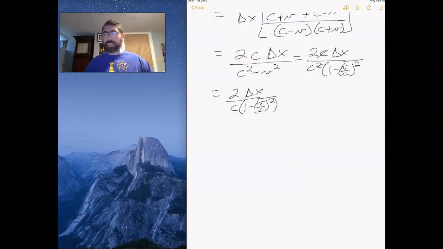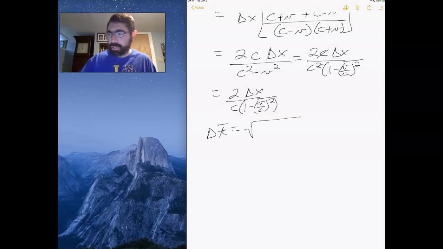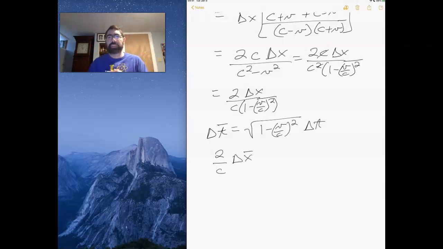Now from the time dilation formula, we know that we have this equation. So now if I put in my equation for delta x, I get 2c delta x bar. That's the distance that it would travel if it was at rest.